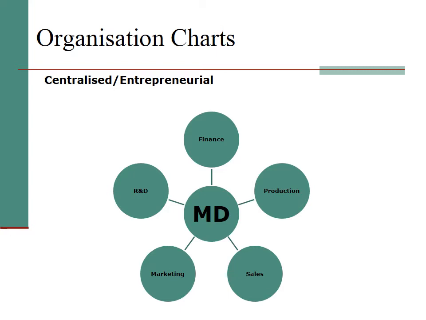That's likely to be an entrepreneur if it's the same people who own and manage and run the day-to-day business as what started it. So it's likely that they're the pin in the centre, and even though each of the functional areas are around the outside, it's always going to be fed back to the managing director to make decisions.